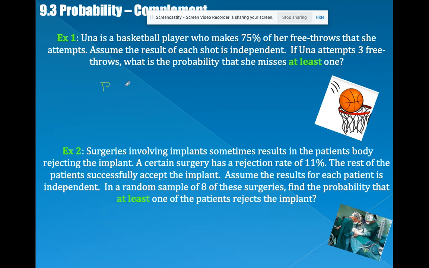The probability of my event that she misses at least 1 would be the 100% minus the probability that she makes them all.